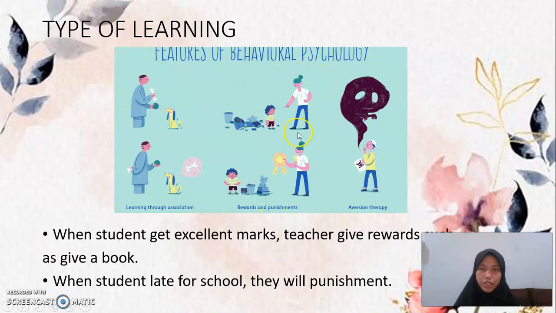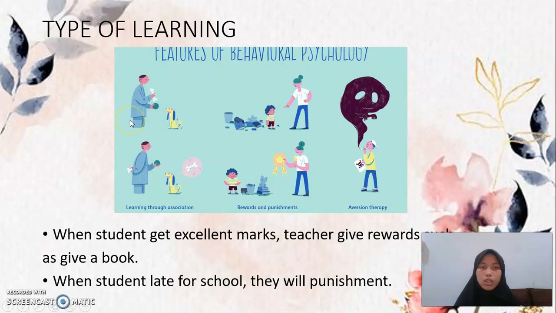In the picture, if the son makes a mess, the mother will give him a punishment such as scolding. But if the son cleans the mess, he will get a reward from his mother, such as praise or ice cream.